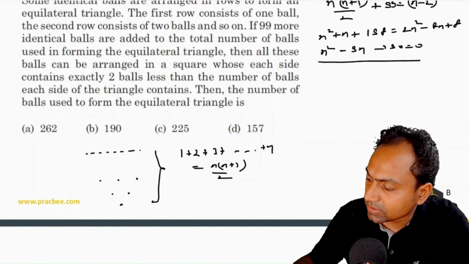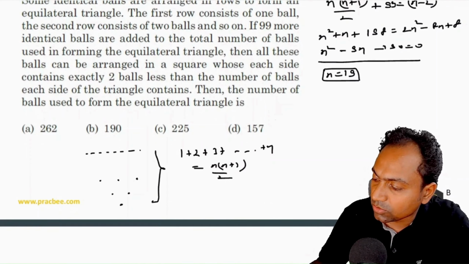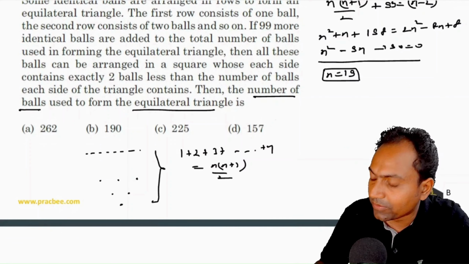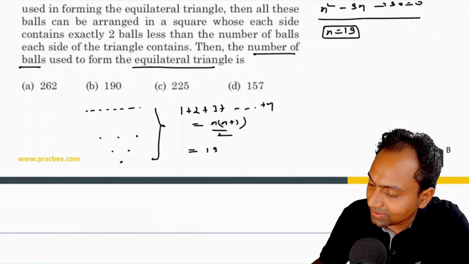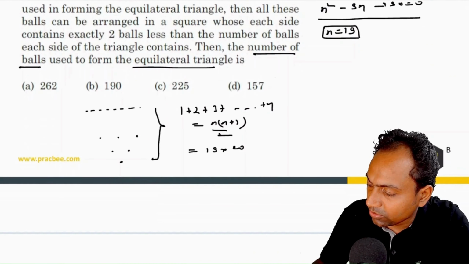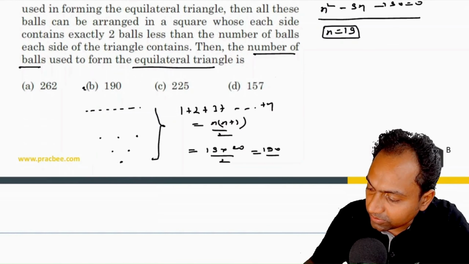And if you solve this, the value of n comes out to be 19. Once you have got this, what they're asking is, what is the total number of balls used to form the equilateral triangle? Now this is quite simple. We just need to substitute the value of 19 here. So 19 into 20 divided by 2 comes out to be 190. That is nothing but option B.